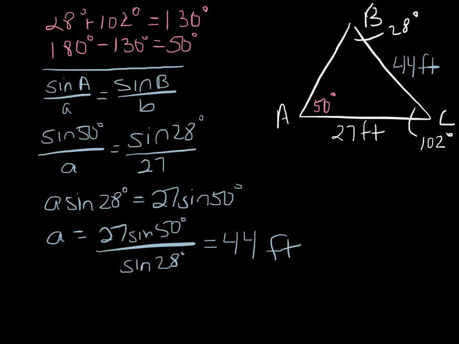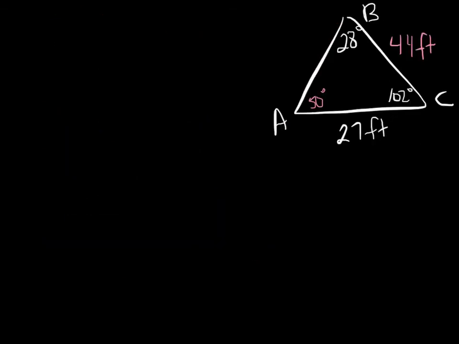Now all that's left is to find side c. So here we've got a clean page. We've got our triangle labeled with the measurements that were given and the two measurements that we found. So in order to find side c, we would use sine C over c. And here we have a choice between using b or a.